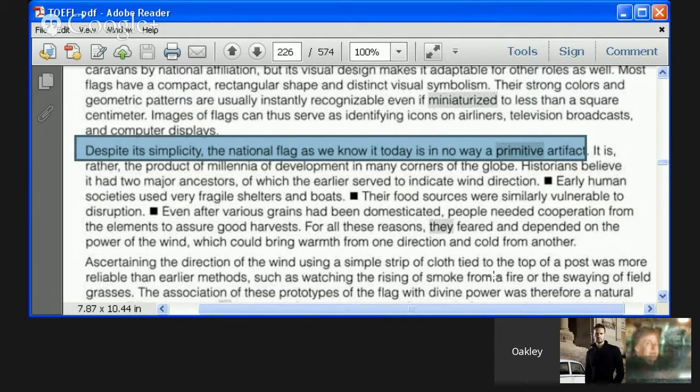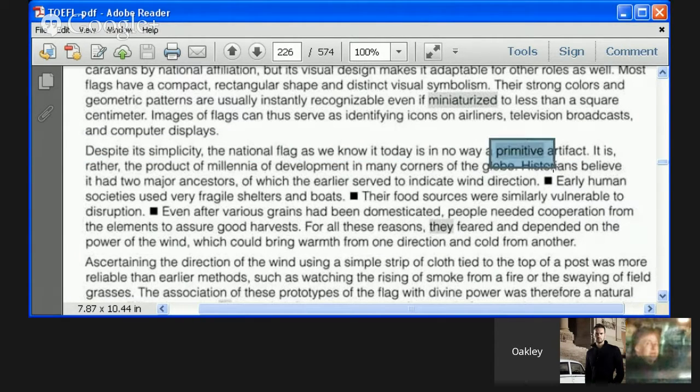Early humans needed some way to represent their society and their environment.